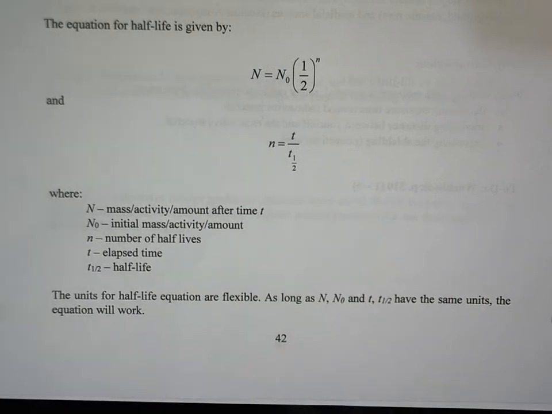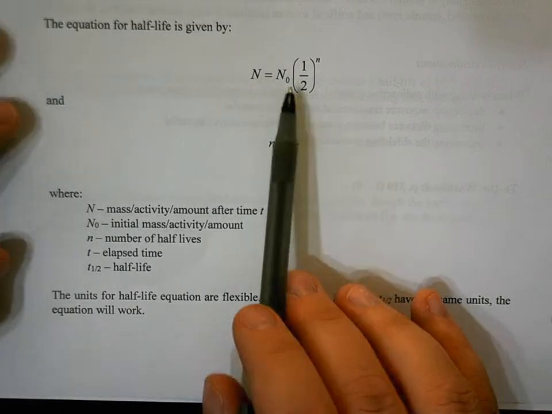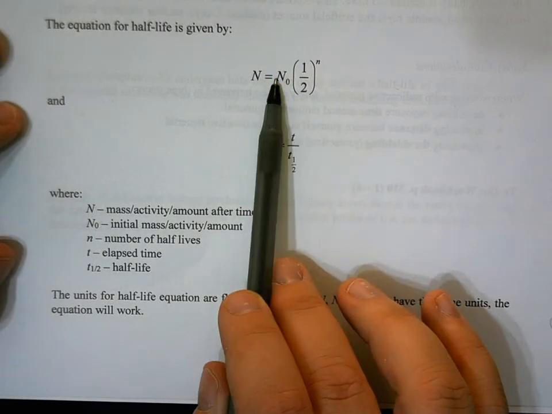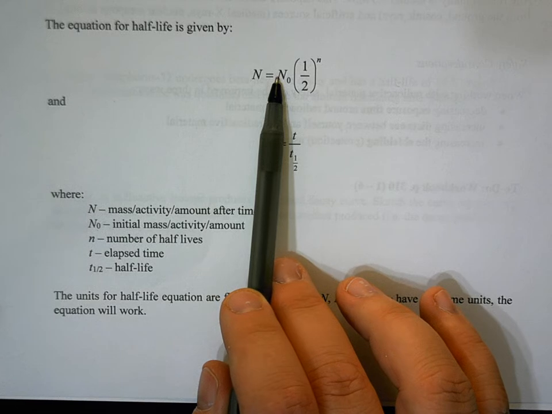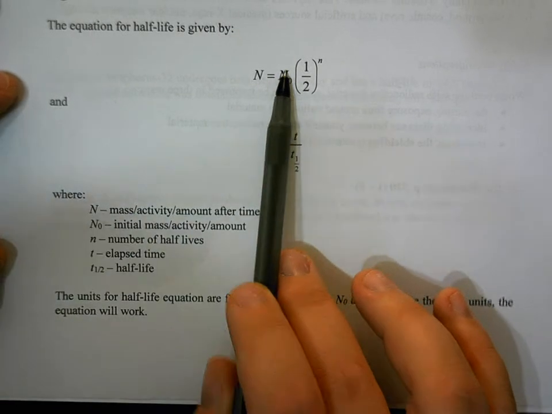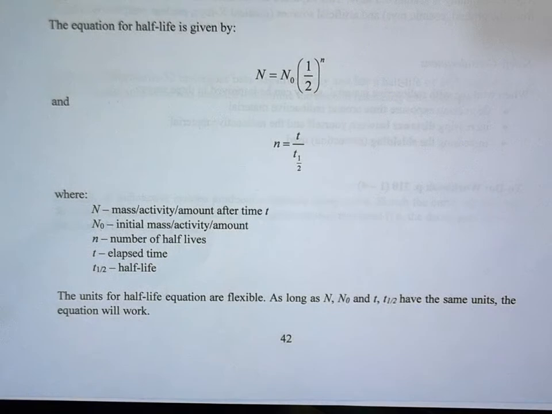But we can certainly use mass, like something in kilograms and milligrams. We can use activity, so 50 decays per second, something like that. So N0 is the initial amount we're dealing with, whether it's initial mass or initial activity. N is going to be the activity or the mass after some time t has elapsed.